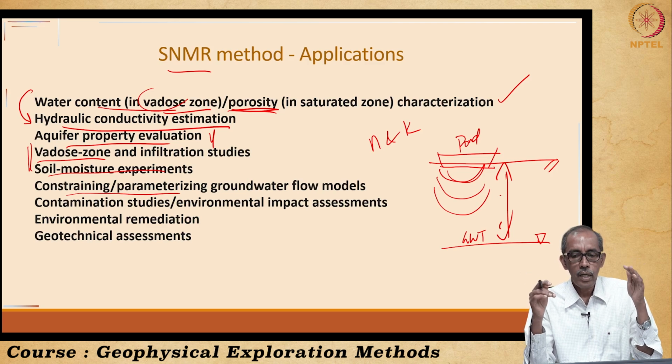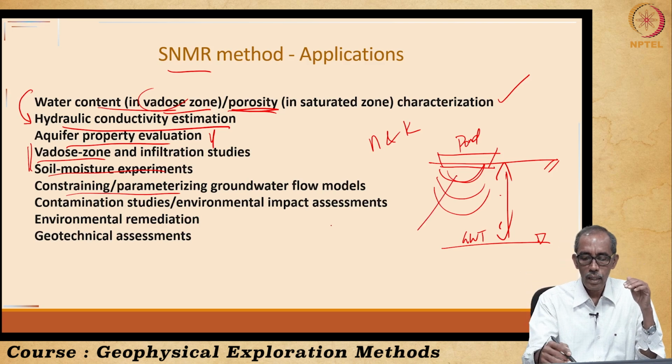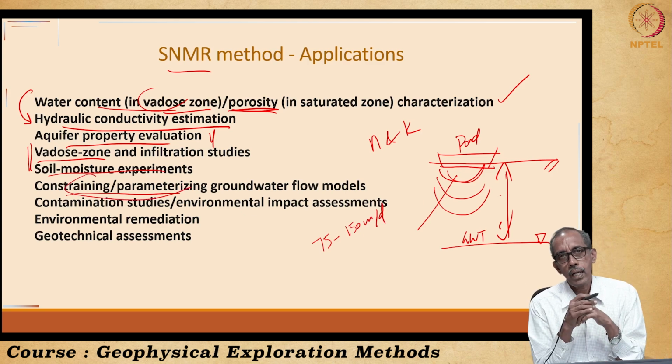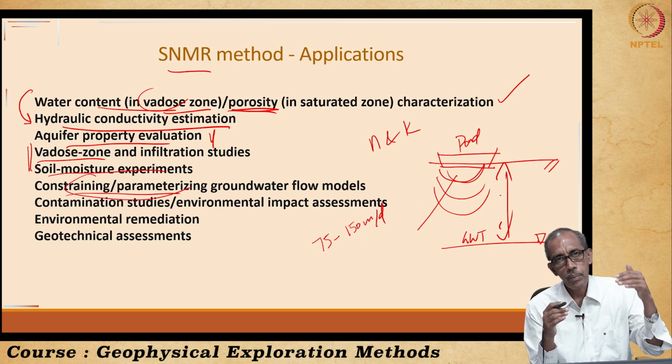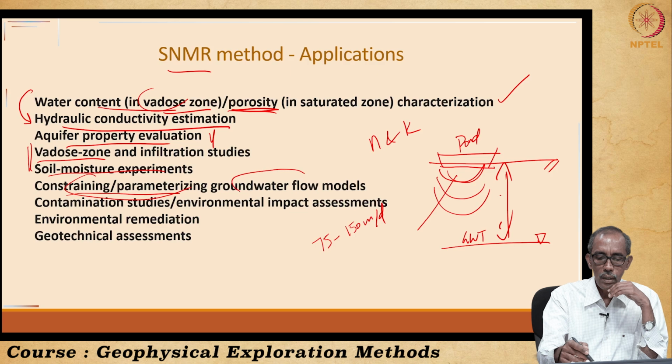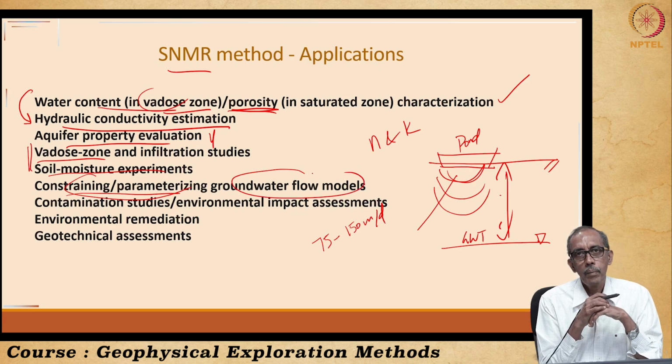For example, hydraulic conductivity. For this aquifer, we can use a hydraulic conductivity of 75 to 150 meters per day. Like that, we will be able to arrive at some range of parameters, because we are able to estimate the porosity. From porosity, empirically we can arrive at the hydraulic conductivity, which can be used in groundwater models.